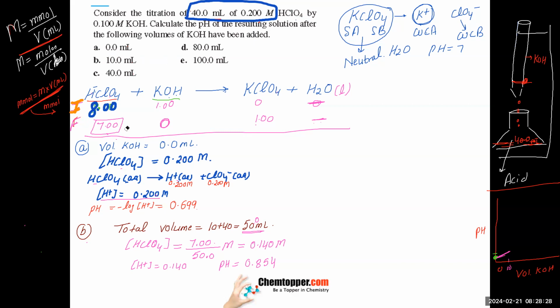Okay. Aditi is saying 4. Children, can you check? Is she right or wrong? You are using this equation to know the millimoles of KOH. It is 0.1 molar and 40 ml.